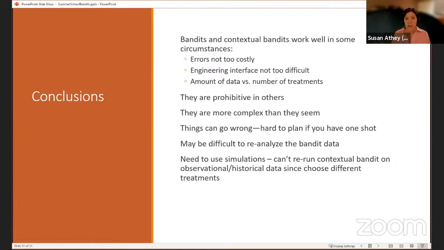A few things though that I didn't mention already: it is important that errors aren't too costly, because often you're going to be trying a lot of different things. The engineering interface is really important, because if you have to call an algorithm to know what your probabilities are, that requires a lot of engineering costs.